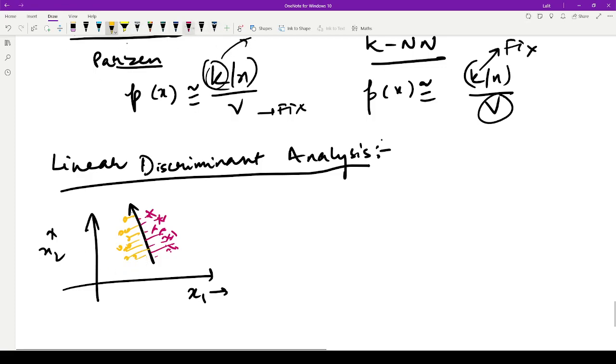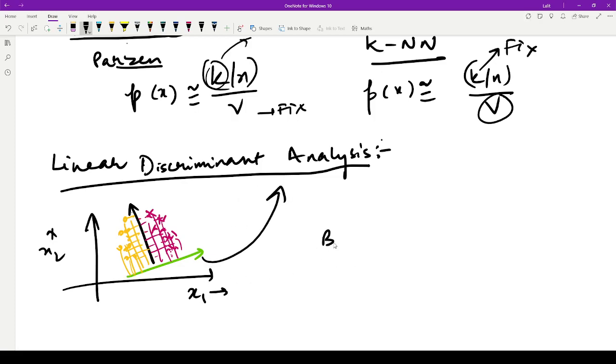But in another case, if you have this specific direction and you try projecting the data onto this direction, you can easily separate the data. So that's what linear discriminant analysis does.